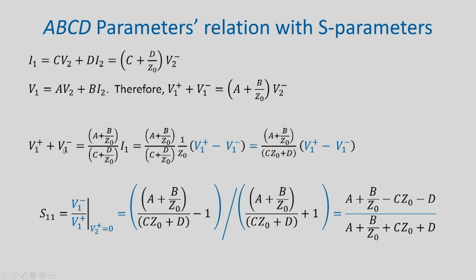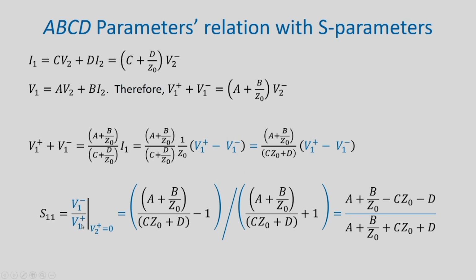Here you can see that when you take V1 minus term this side, you get 1 plus (A plus B by Z naught) divided by (C Z naught plus D), and once you take V1 plus this side, you get (A plus B by Z naught) by (C Z naught plus D) minus 1, and from that we can find V1 minus by V1 plus.